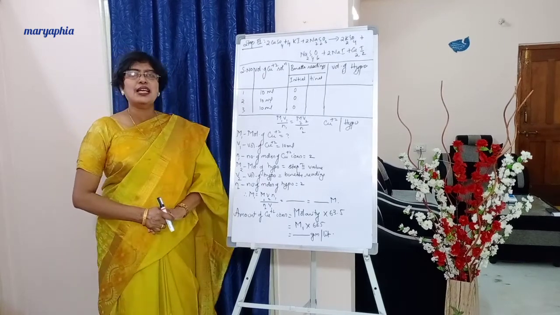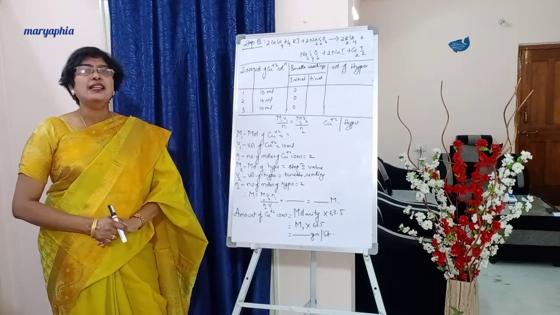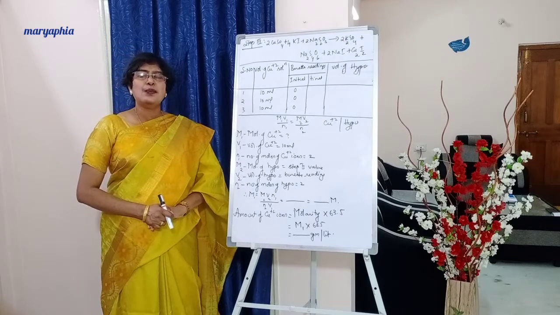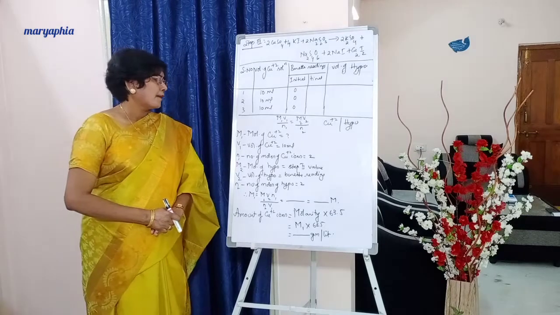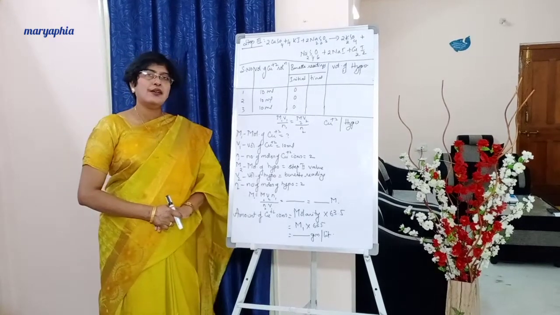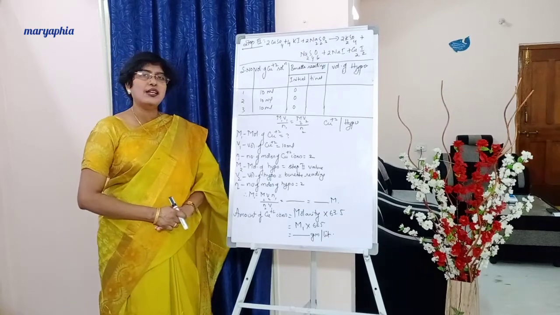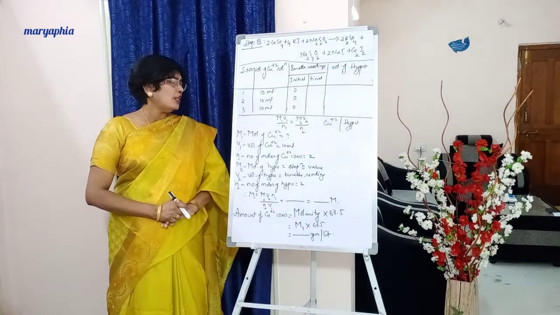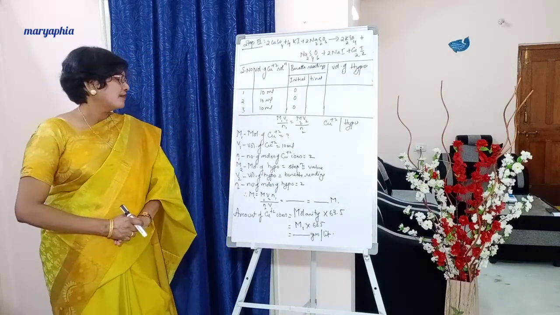Next, below the table comes M1V1 by N1 equals M2V2 by N2. Below you can write down Cu2+ solution versus hypo. Below write down, students: M1, molarity of Cu2+ ions, question mark. V1, volume of Cu2+ ion solution, 10 ml.